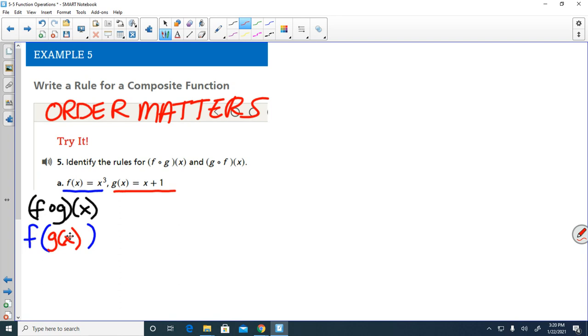The second part is the inside part. So that means I'm going to copy down the x cubed function, but instead of an x, I'm going to put a parentheses and cube it. And what goes inside the parentheses? Whatever that little baby is, the g function, x plus 1. Now I could cube this and multiply it out 3 times, but I'm not going to because I don't need to. This is my answer, x plus 1 to the third power.